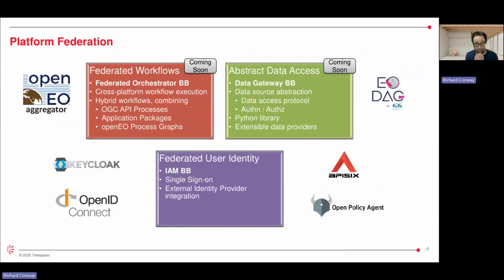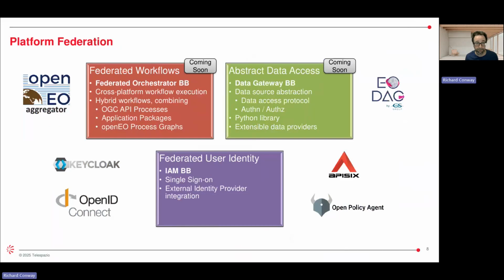And finally, the final set of building blocks, the federated orchestrator and data gateway building blocks. They're not included in this release, but they are coming soon, and they're defined within the architecture. So the federated orchestrator concerns execution of workflows, processing workflows that span across more than one platform, and also potentially span across the different processing approaches that I mentioned earlier.